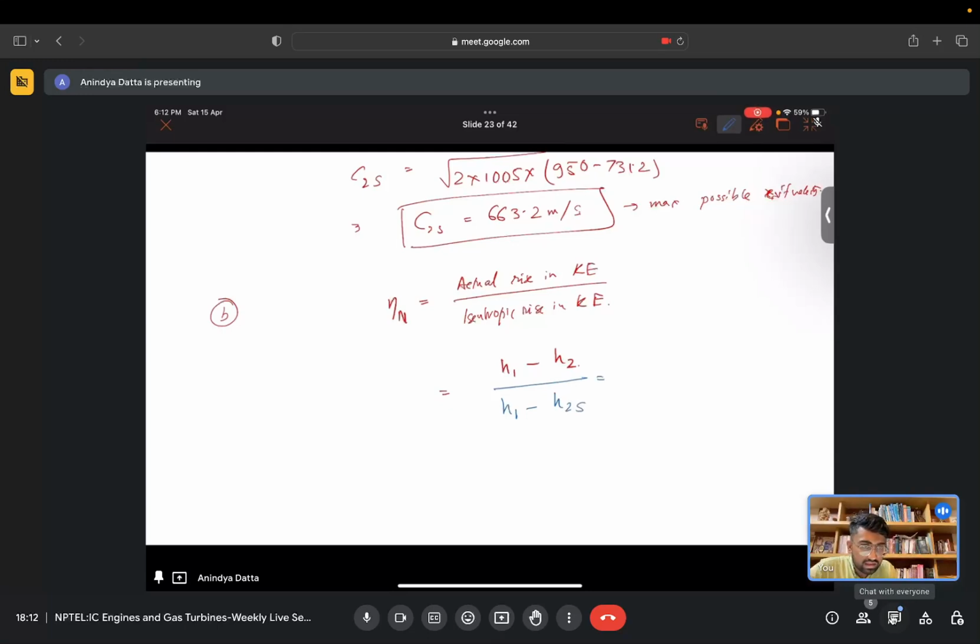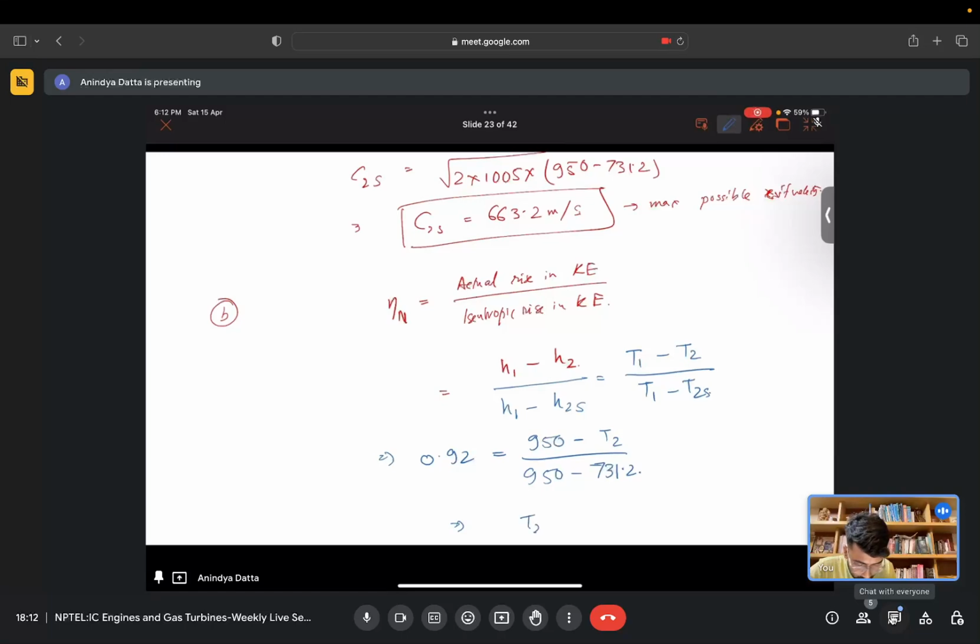Since Cp is constant, we can express this in terms of temperature difference, T1 minus T2s. So eta n is 0.92, which equals 950 minus T2 over 950 minus T2s, where T2s is 731.2.